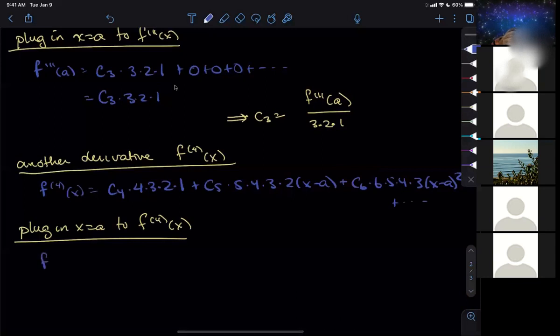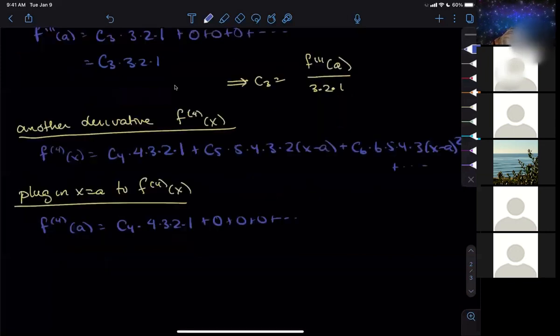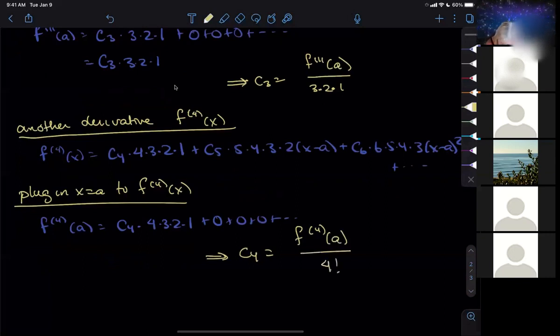It's going to be f fourth derivative at a is C4 times 4 times 3 times 2 times 1 plus a bunch of zeros. So that means C4 is the 4th derivative at a divided by 4 factorial.